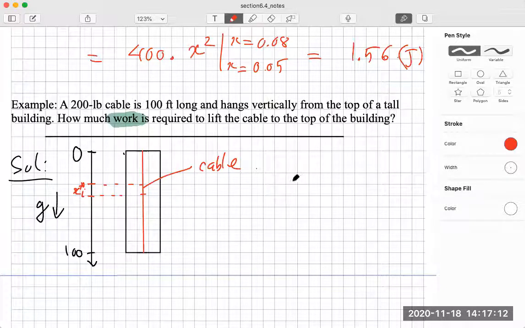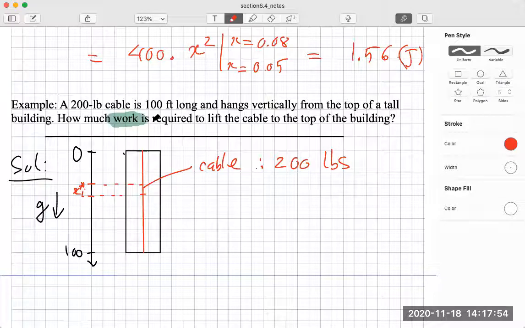So now the total weight of the cable is, how much do we have here? 200 pounds, right? It means that at each point here, the total weight is 200, and the length of this cable is 100 feet, right?